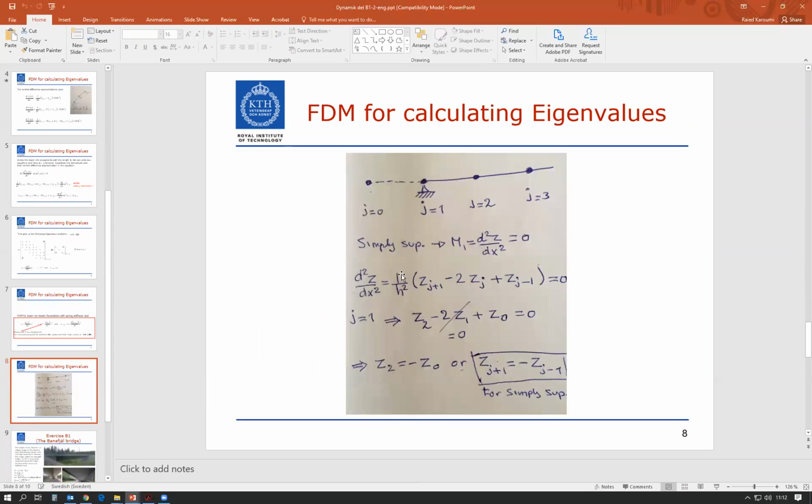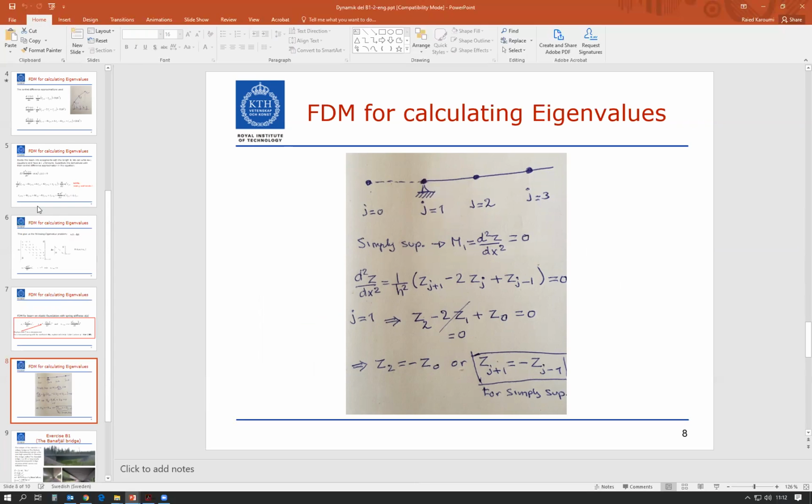So how do we consider the boundary condition? If this is our beam going from j equal 1, j equal 2, j equal 3, and so on, for a simply supported beam we know that the moment at 1 is equal to 0, and the moment is the second derivative of the displacement z.